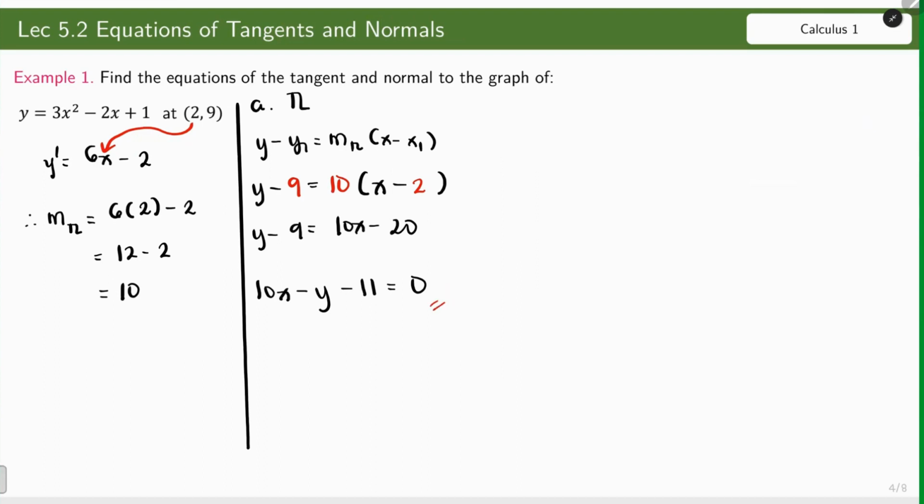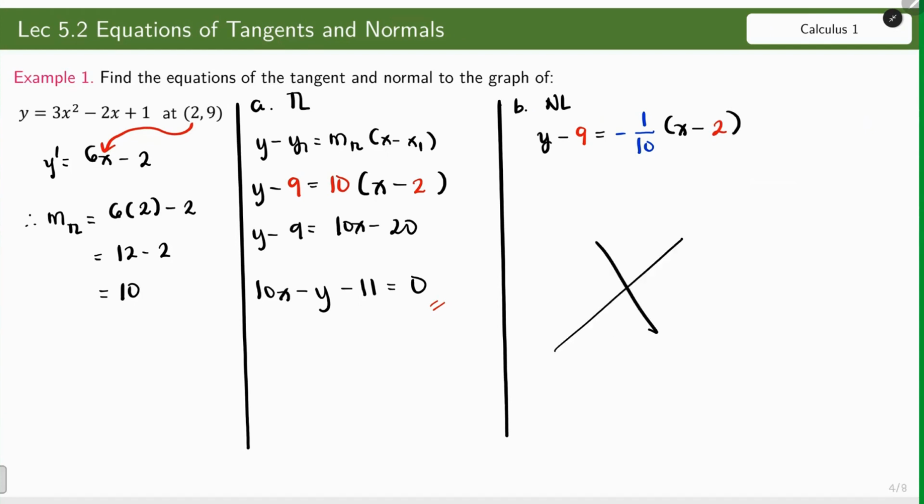Next is to get the equation of the normal line. For the equation of the normal line, we will use the same point slope form and also the given point, except that the slope will now be negative 1 over 10, and then times the quantity x minus 2. Since the normal and tangent lines will meet at the same point, and it is contained by the function, the coordinates to be written there will not be changed, only the slope.